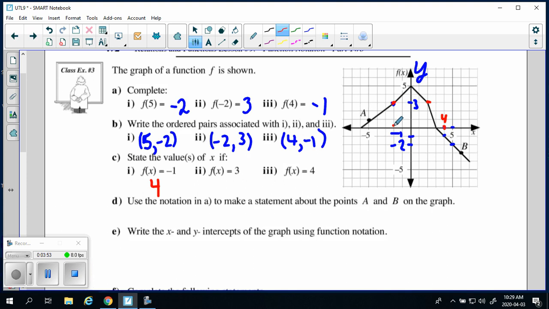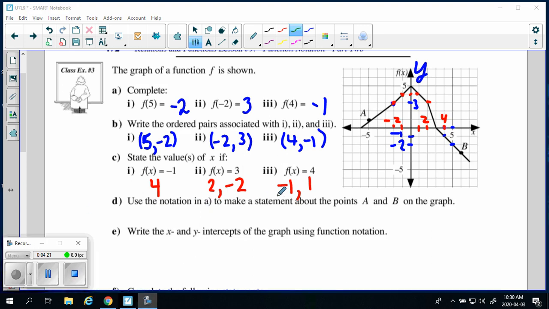So there's a value here at negative 2, and there's another value here at 2. So you have to list them both. In the last example, f of x is equal to 4. So we're going to look up 4 on the y-axis. And again, we have two values of x if you read that down, negative 1 and 1.